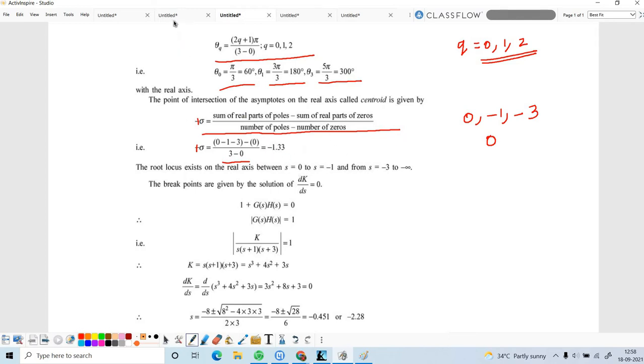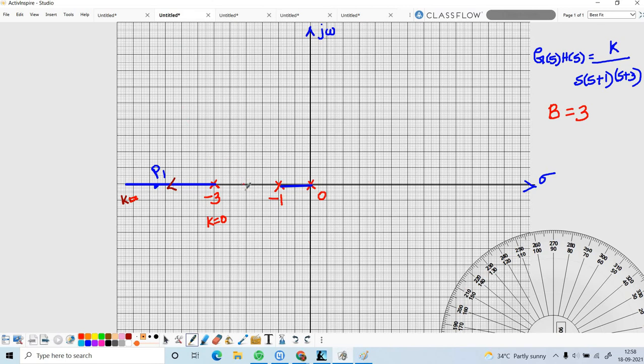So next I am going to mark the centroid and asymptote angles in the graph. Here minus 1.33, so this is minus 1.33. After finishing minus 1.33, next draw the asymptote angles.